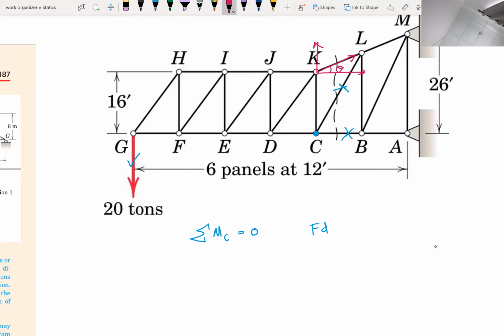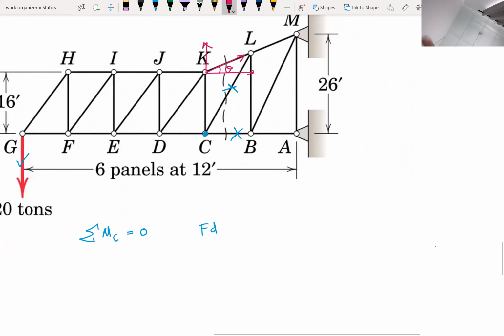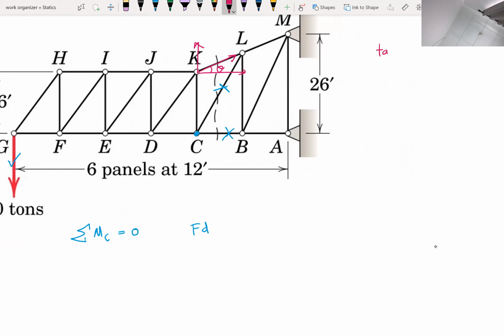How do we determine theta? Just use tangent. Tangent theta is opposite over adjacent. The opposite is 5, and the adjacent distance is 12.